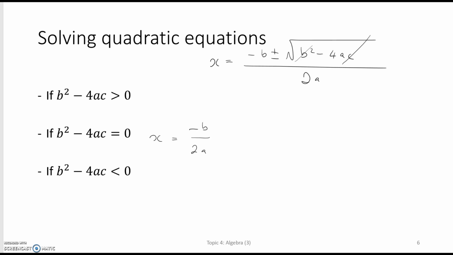There's no other bit, so there's only one solution. If the thing under the square root sign is positive, then we're going to invoke the plus or the minus, and there will be 2 solutions.